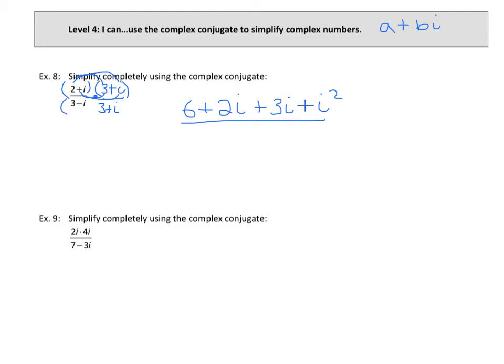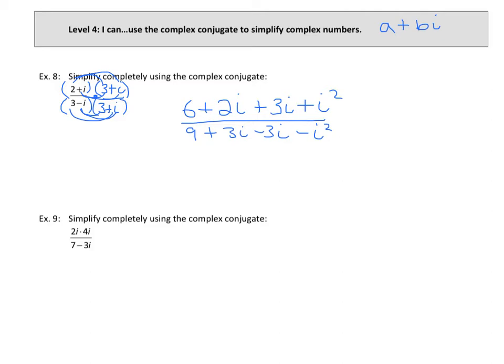On the bottom, same thing. 3 times 3 is 9. 3 times i is 3i. Negative i times 3 is negative 3i. And negative i times positive i is negative i squared.